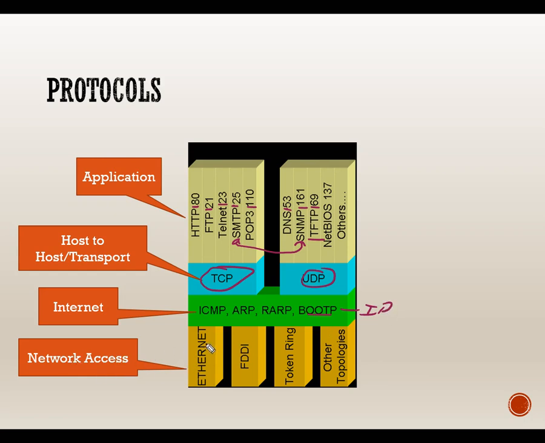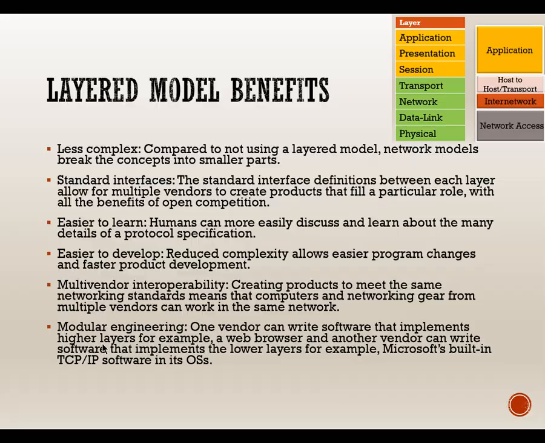The network access layer has Ethernet, which is a LAN protocol, FDDI, fiber, token ring, which is a LAN protocol, and other protocols. We'll put in a couple of WAN ones here, PPP and HDLC. Ones that you're going to hear are WAN, wide area network protocols. So when we say it's local, small network, big network, we actually do have technical definitions of those.